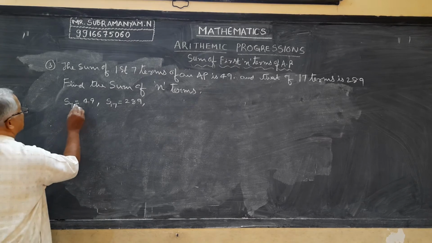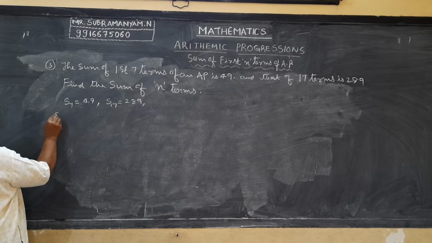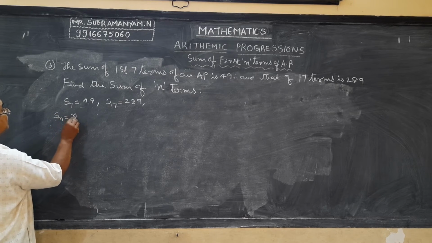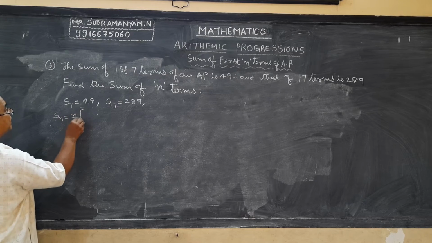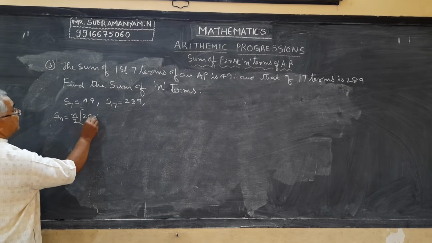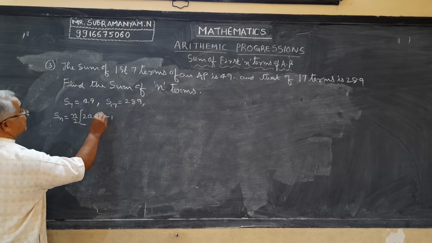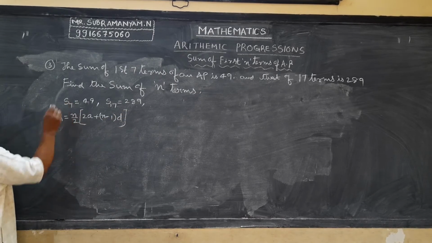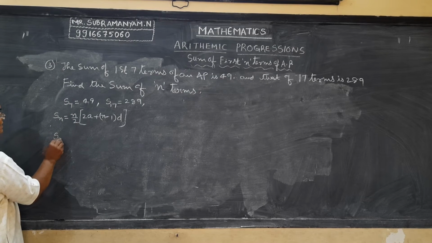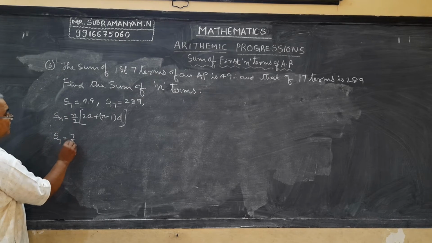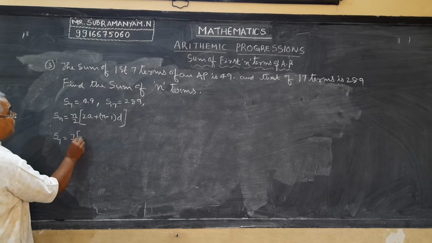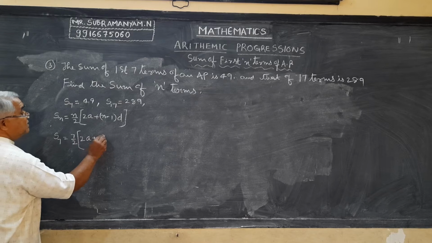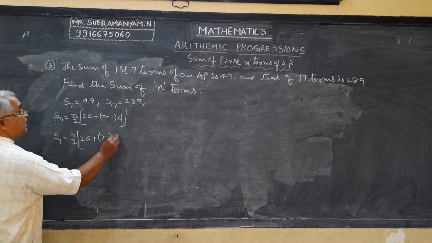Now we use the formula. Which formula? Sn equal to n by 2 into 2a plus n minus 1 into d. First we take S7. S7 equal to 7 by 2 into 2a plus, we know the value of n, 7 minus 1 multiplied by d.